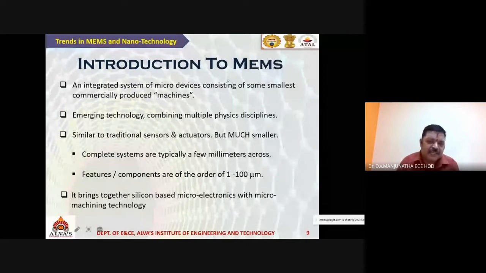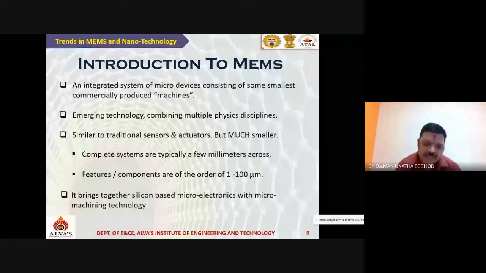An integrated system of micro devices consisting of some of the smallest commercially produced machines, an emerging technology combining multiple physics disciplines, similar to traditional sensors and actuators, but much smaller. Complete systems are typically a few millimeters across. Features and components are of the order of 1 to 100 micrometers. Micrometers you cannot even see with your naked eyes, but they will do a lot of work.